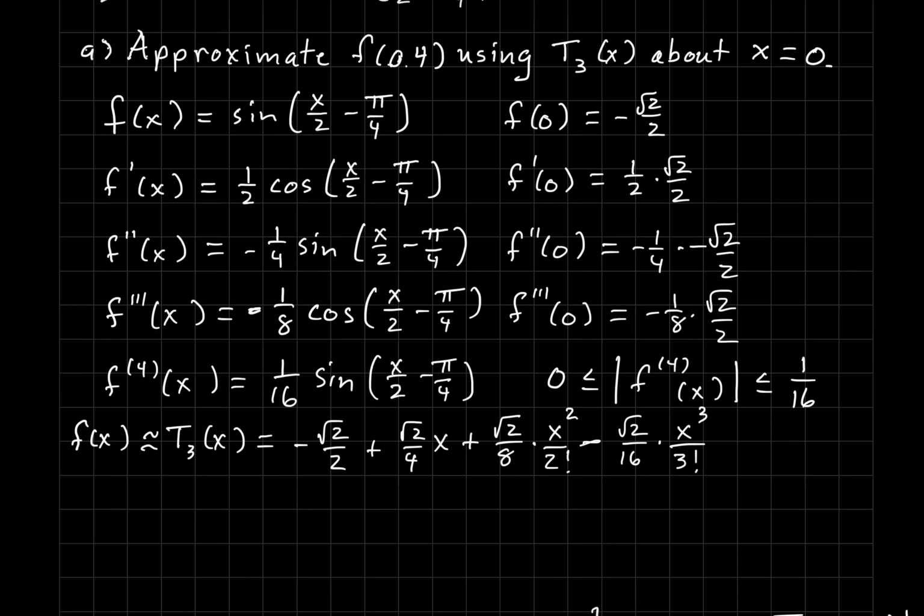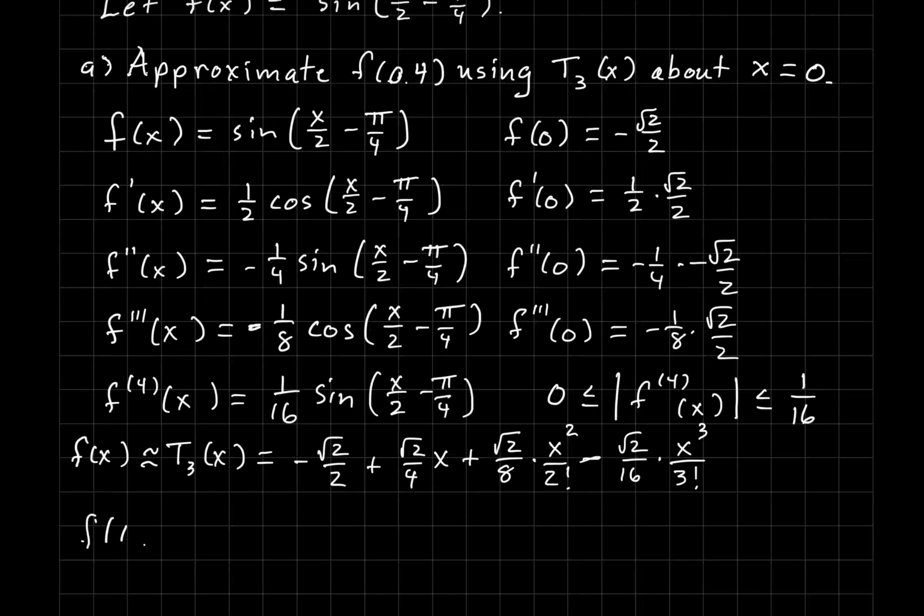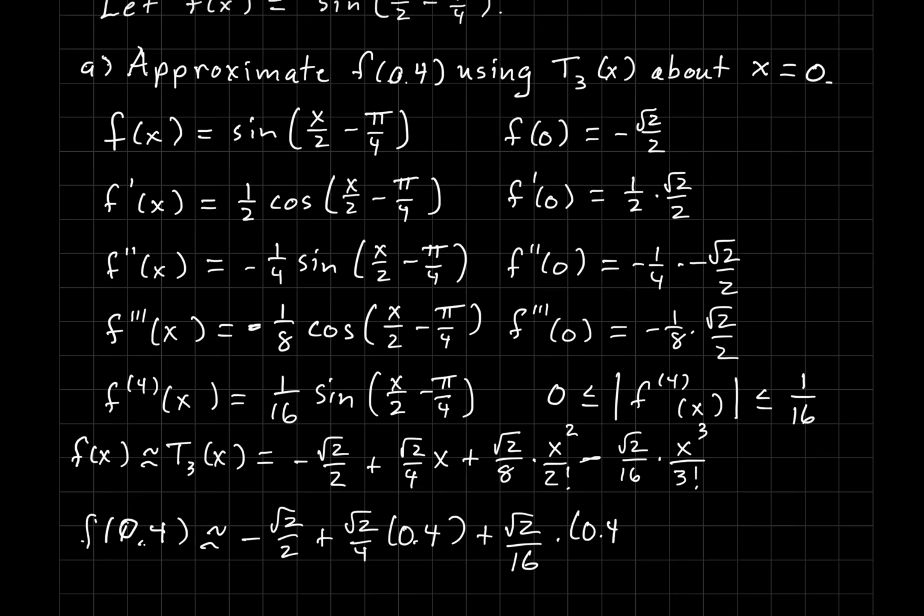I'll go back and put the factorial right there. Which means that f of 0.4, because that's the value that we want to approximate, is approximately negative root 2 over 2 plus root 2 over 4 times 0.4 plus root 2 over 16 times 0.4 squared, and then minus root 2 over 16 times 6, and then 0.4 cubed, whatever that decimal is.